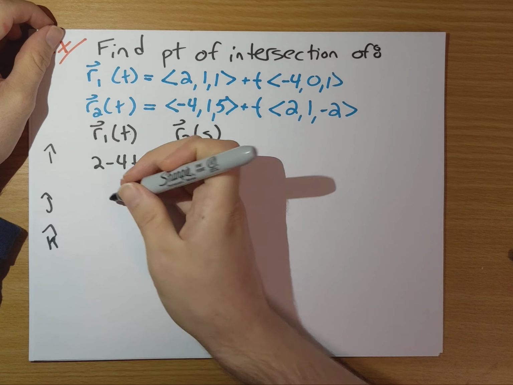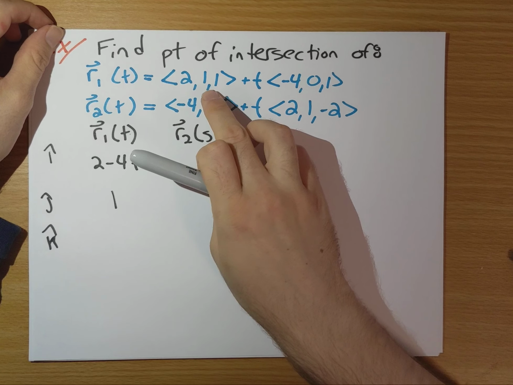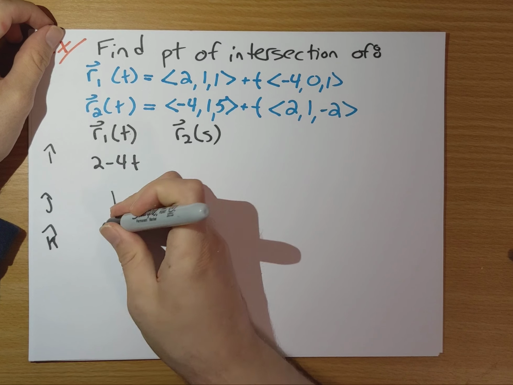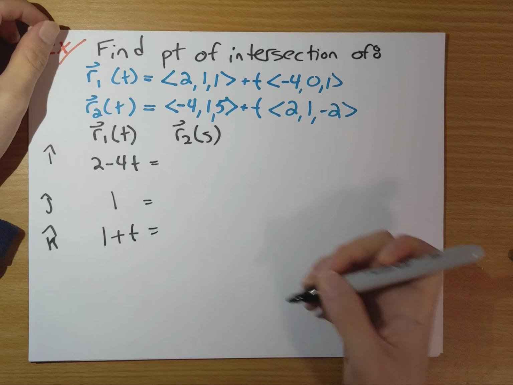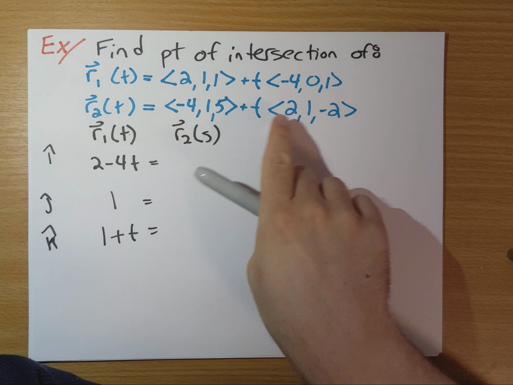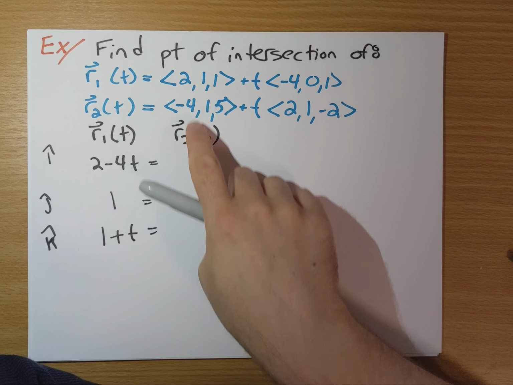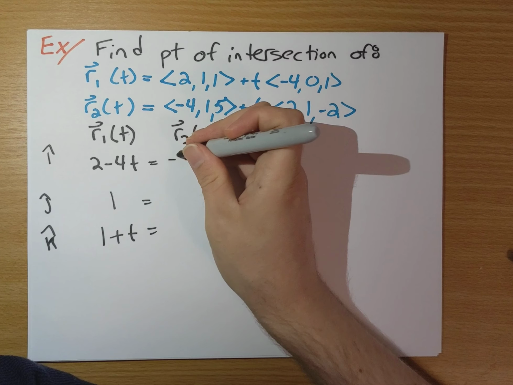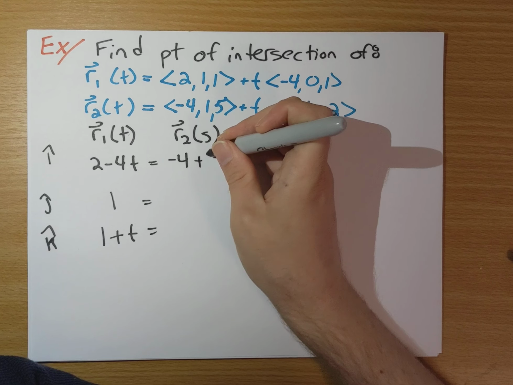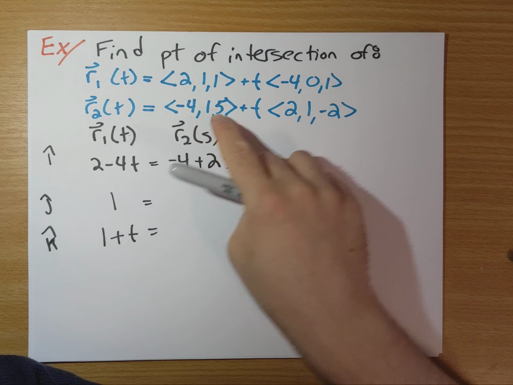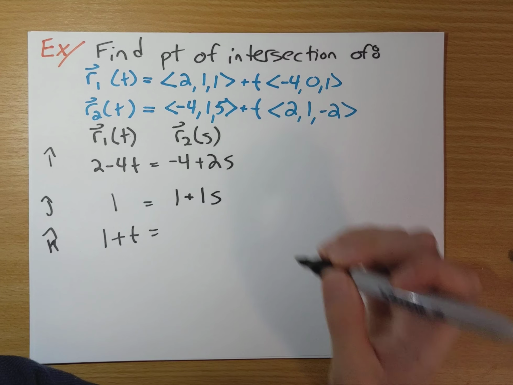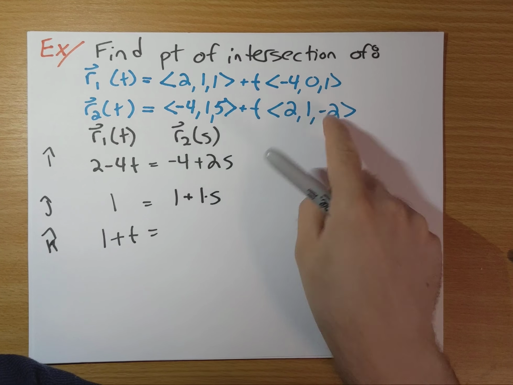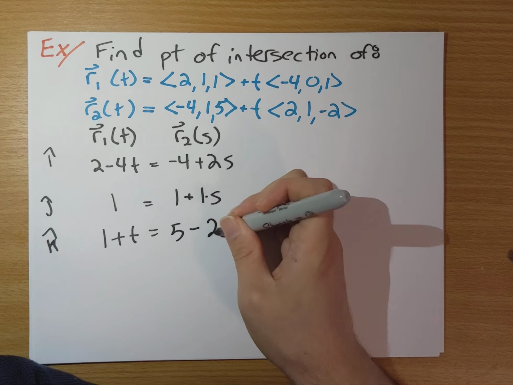The j hat component is just 1. The k hat component is 1 plus t. Now I have R2 of s here, so everywhere I see a t, I'm going to replace it with an s. Minus 4 plus 2s. And then 1 plus 1s. And 5 minus 2s.